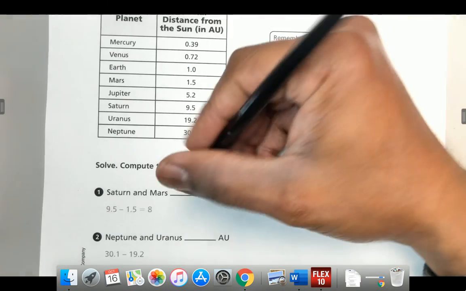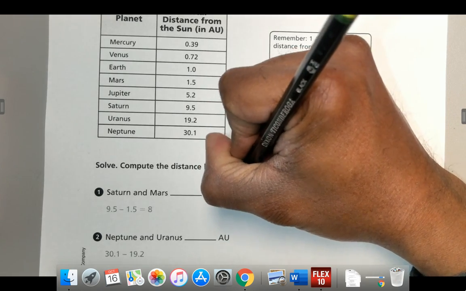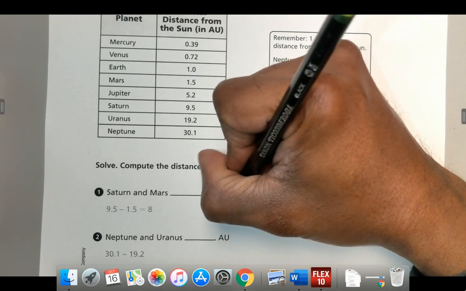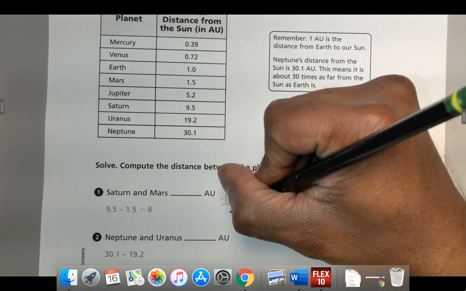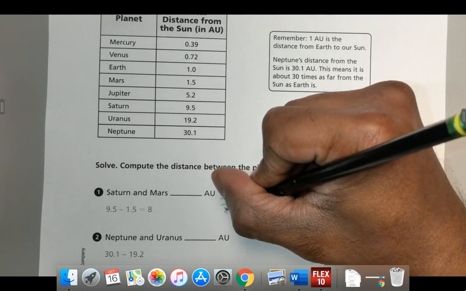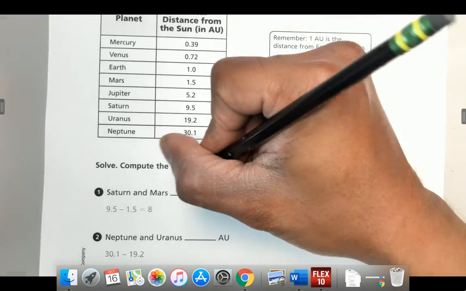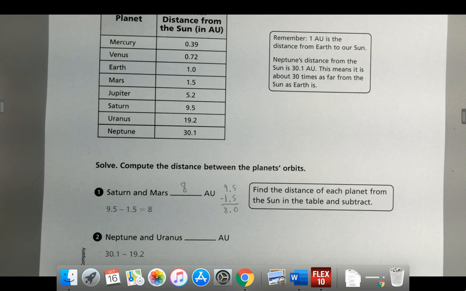And if we set that up as a subtraction problem, 9 5/10 minus 1 5/10, remember to line up these decimals by their place value. Insert the decimal point where it lies. 5 minus 5 is 0. 9 minus 1 is 8. We get 8 AU is the distance between those planets' orbits.